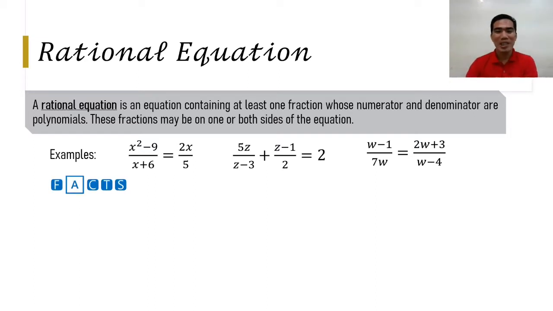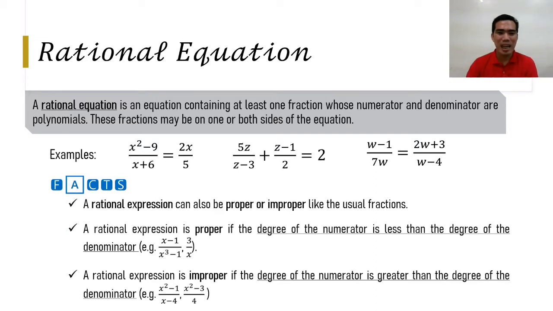The facts for rational equations are here. We can have an improper rational expression or the usual fraction. When we say proper, the degree of the numerator is less than the degree of the denominator, while improper is when the degree of the numerator is greater than the degree of the denominator.